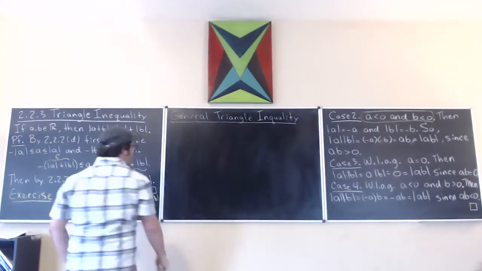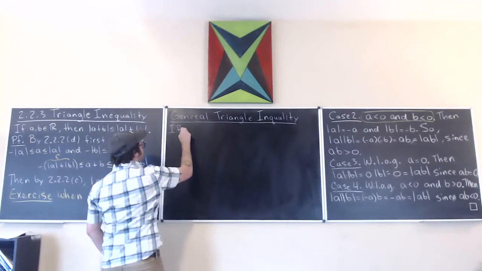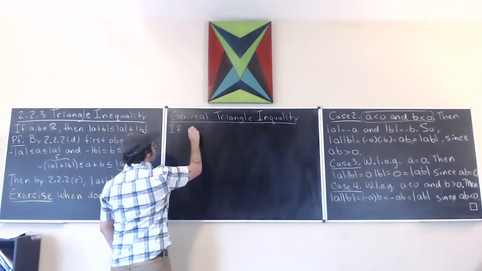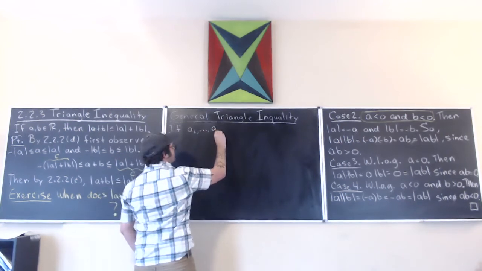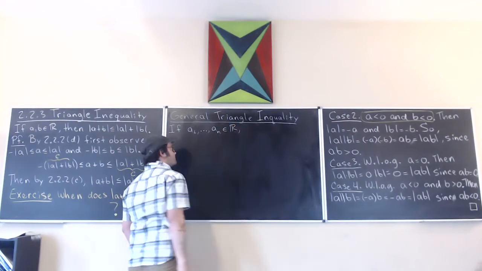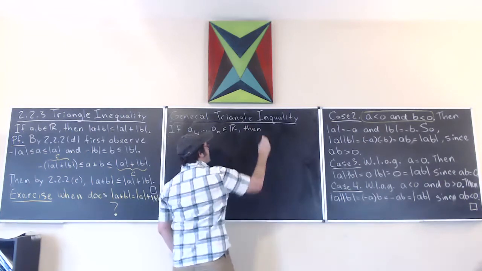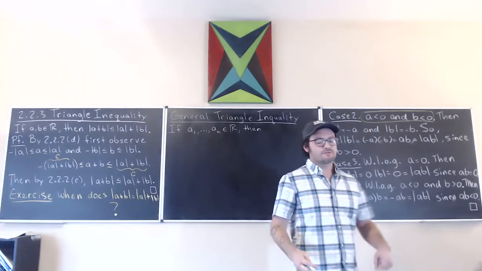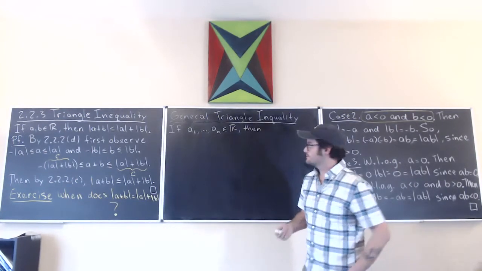Okay. And what does this state? It states that if A1, comma, dot, dot, dot, An are all real numbers, then the absolute value of the sum of these numbers is bounded above by the sum of the absolute values.